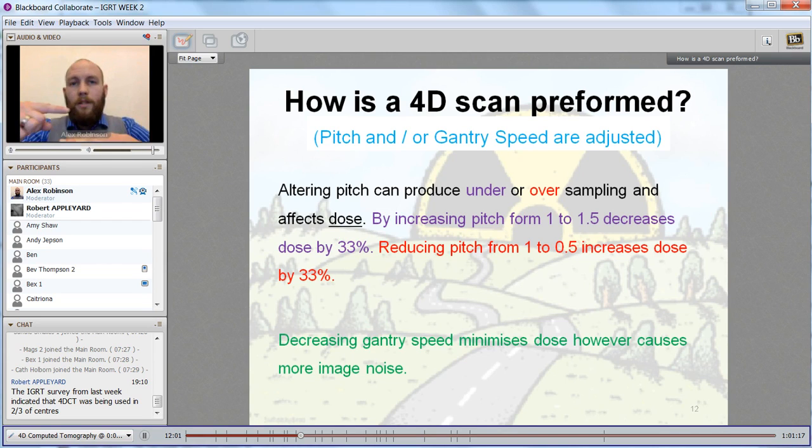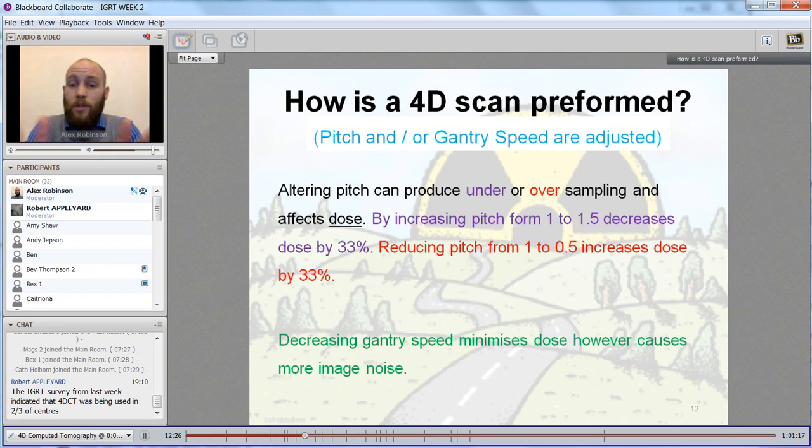Sometimes we have to overpopulate because of the speed that this rotates around the patient. That's not enough to complete a full breath cycle. So this oversampling gives us this data, and essentially what we're going to do is 12 CT scans all at once at different phases.